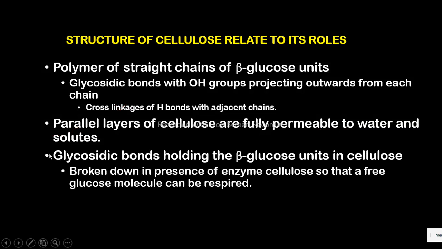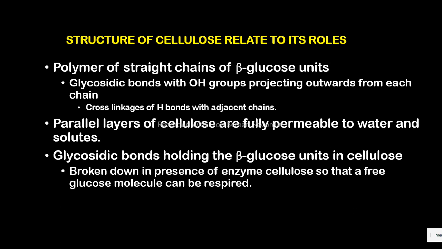I've talked about this. The glycosidic bonds holding the beta glucose in cellulose are strong, and they are only broken in the presence of an enzyme responsible for that. Which enzyme? The cellulase enzyme.